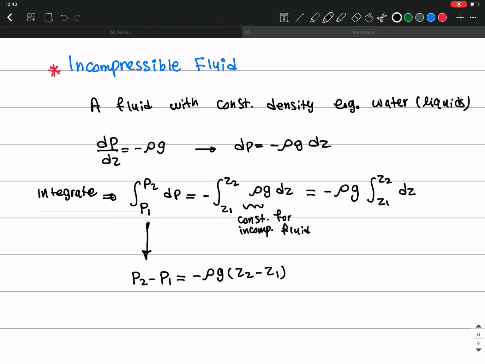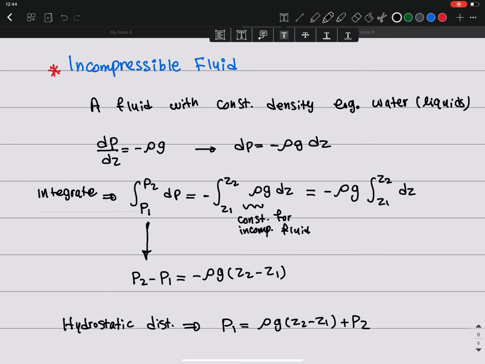So this gives us a hydrostatic distribution. And that is P1, the pressure at point 1, equals rho g (z2 minus z1) plus the pressure at point 2.